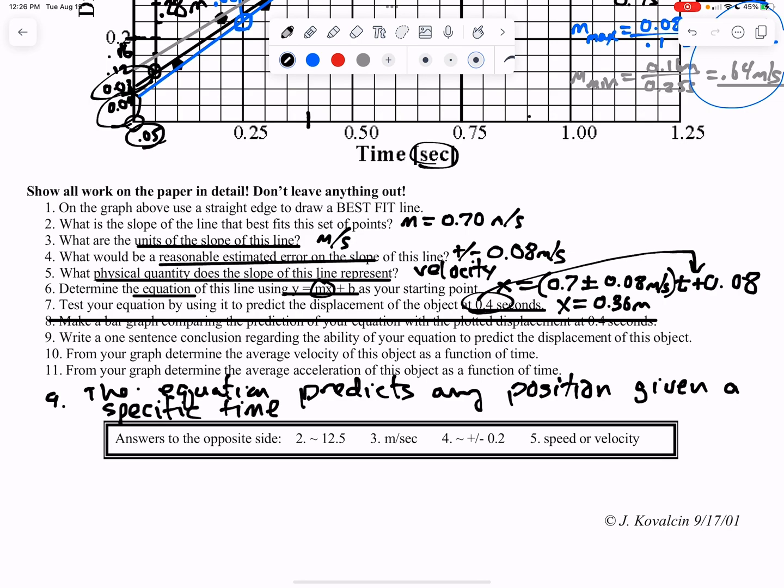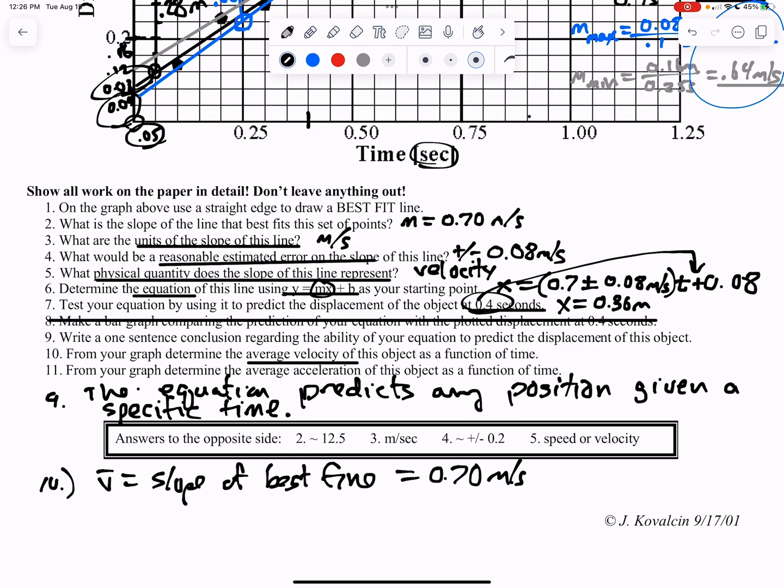Its position as a function of time. Now, from your graph, determine the average velocity. Well, the average velocity is the slope of the best fit line, which in this case would be my 0.70 meters per second.